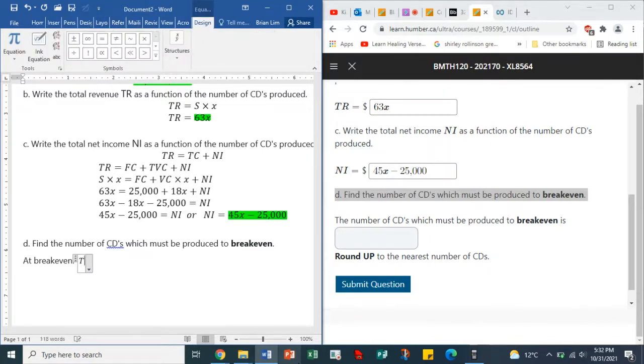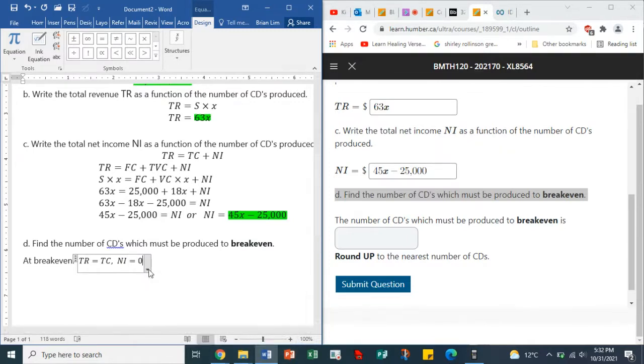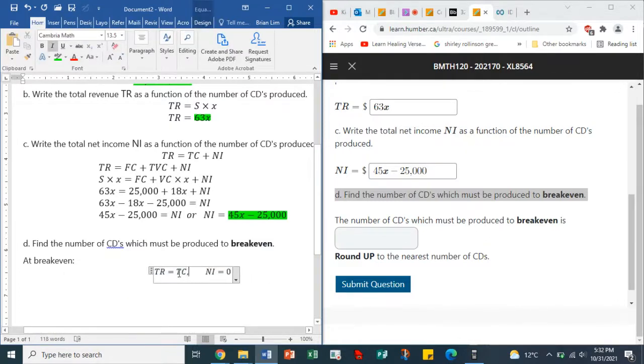And then you can put in the net income is equal to 0. So that's what happens when you have break even. The total revenue is equal to the total cost.